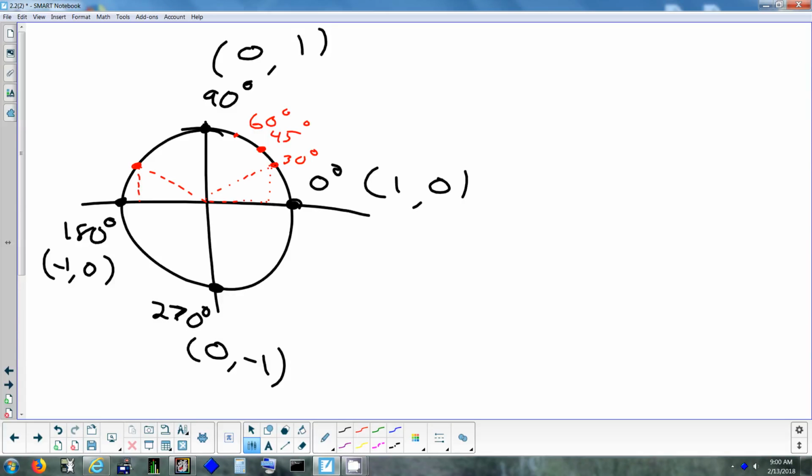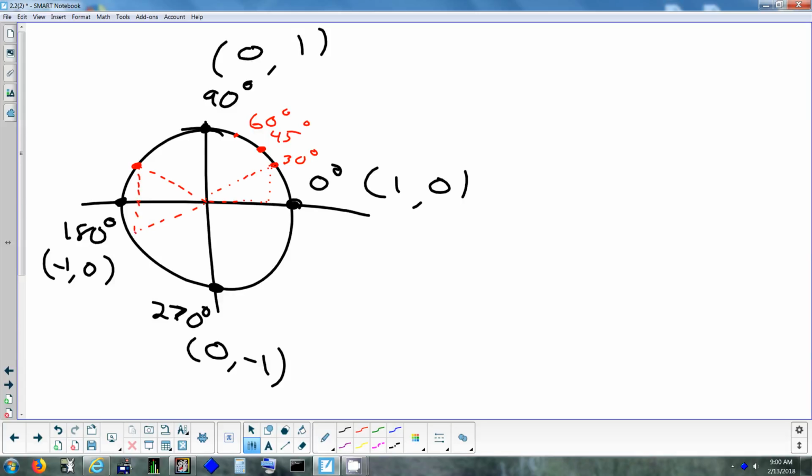Because once you know those two values for quadrant 1, it's just a mirror image to do it in quadrant 2. So all that happens is one of the numbers becomes what? Negative. Negative, that's all. Or if you reflect it down here, they both become negative, okay, and so on.